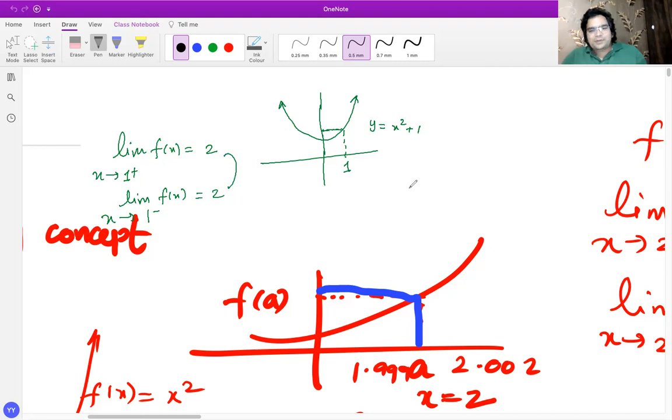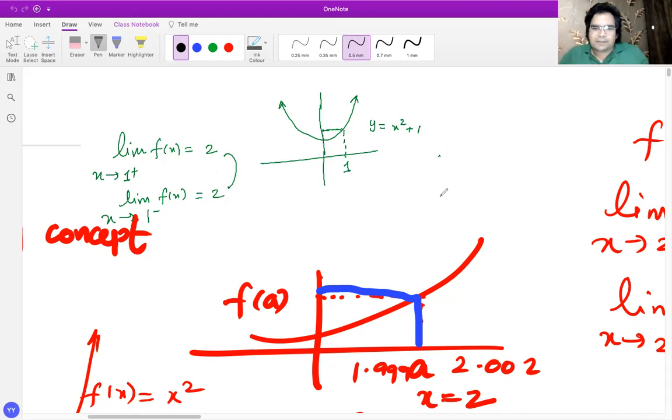Now let's take an example where the limit doesn't exist. If your left hand limit and right hand limit are the same, then the limit exists. If the left hand limit is different from the right hand limit, we say that the limit doesn't exist. What does it mean? Either there is a break in the function, or the function is discontinuous around that point.